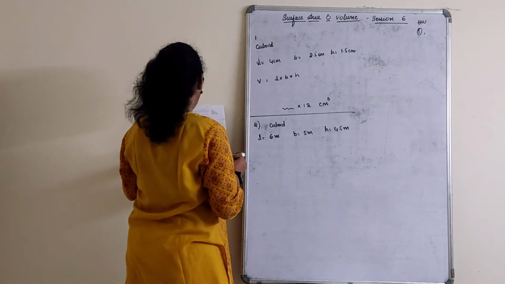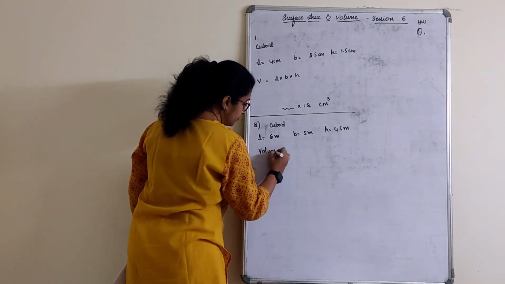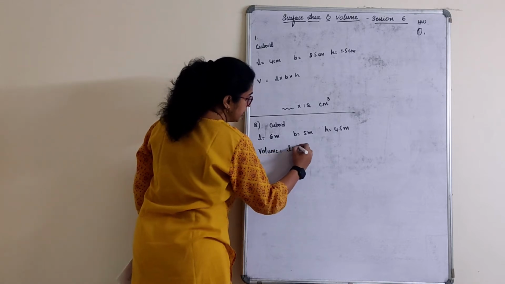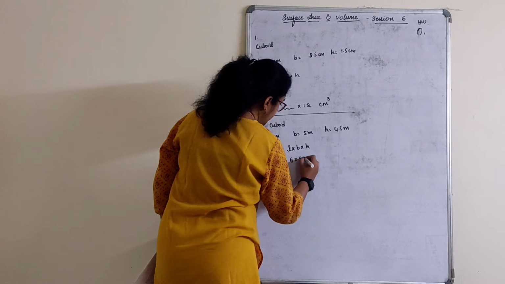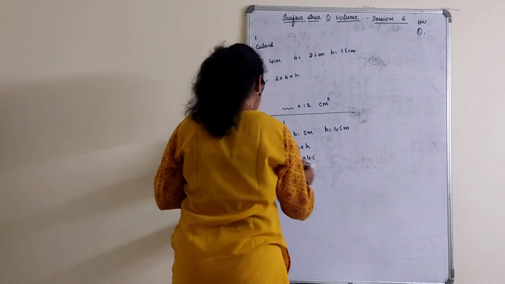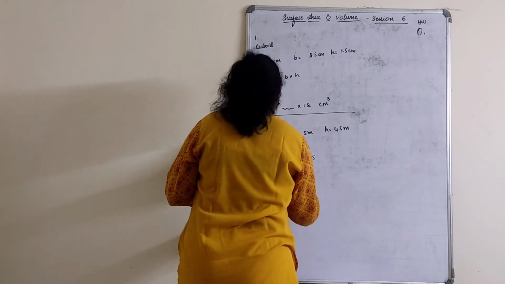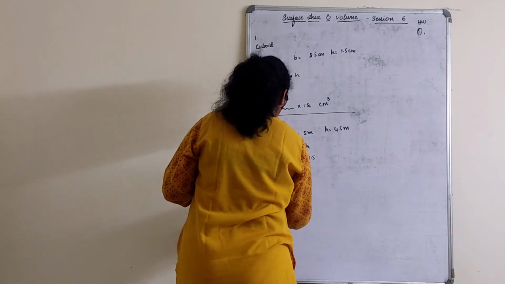How many liters of water can it hold? Simple. Volume is equal to length into breadth into height. 6 into 5 into 4.5. 6 fives are 30, 30 into 4.5 is 135 meter cube volume.